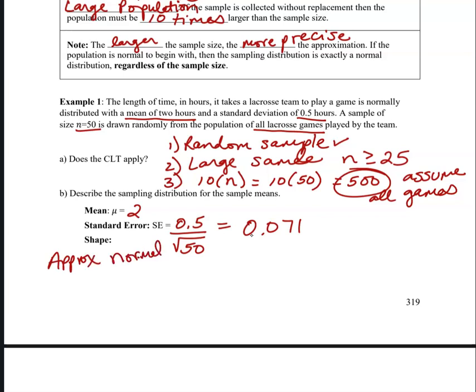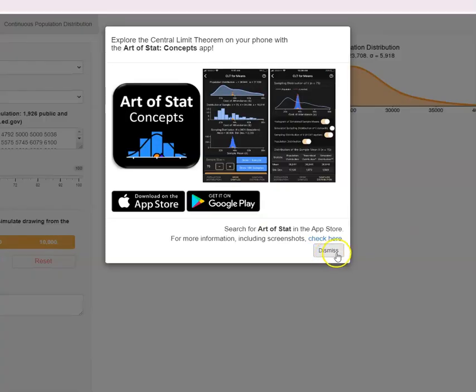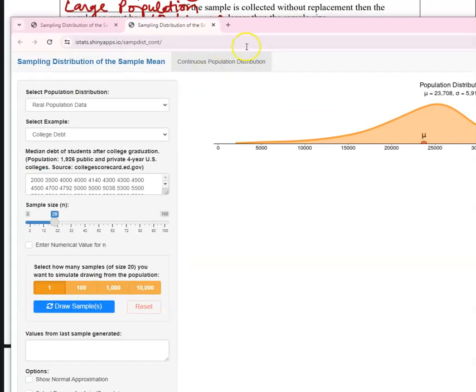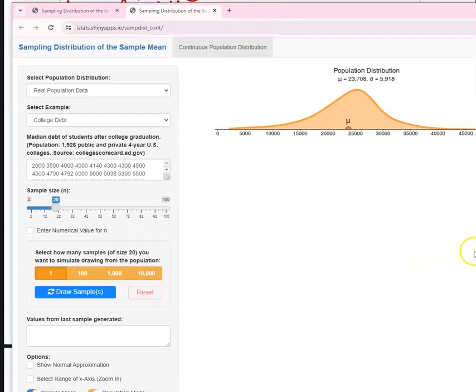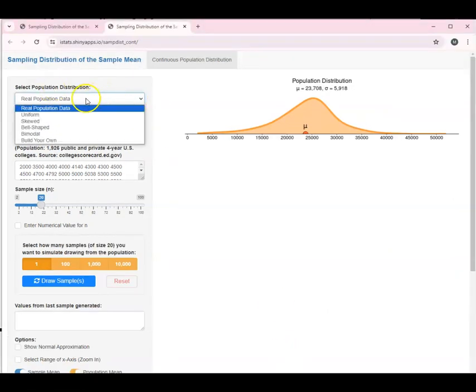Now let's take a quick look at what this would look like in the Art of Stats website. Let's do a quick simulation here. I'm going to pull up the website and put in the information for this lacrosse team. They told us that the population was approximately normal, all of their games. The lengths are approximately normal, so let me put that in.